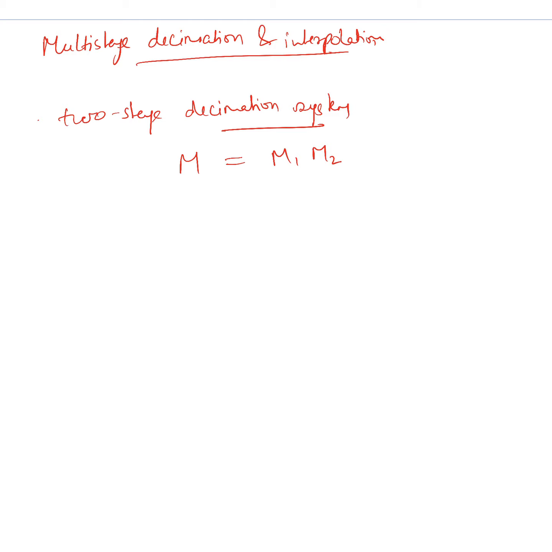In the second stage, we shall downsample the sequence by M2, and then at the end we will see that this two-stage process is in fact equivalent to a decimation system where we downsample the sampling period of the signal by M times.